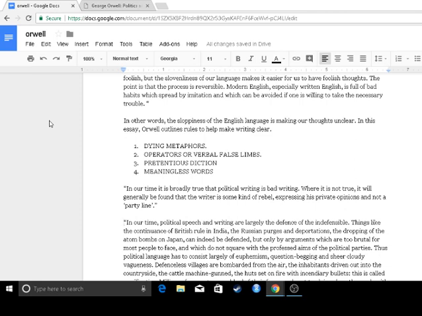He goes on to say, in our time, it is broadly true that political writing is bad writing. Where it is not true, it will be generally found that the writer is some kind of rebel, expressing his private opinions and not a party line. What do you guys think that George Orwell is saying right there? Okay. Maria, what do you think? Yeah, sure.